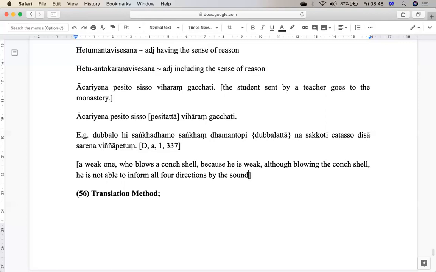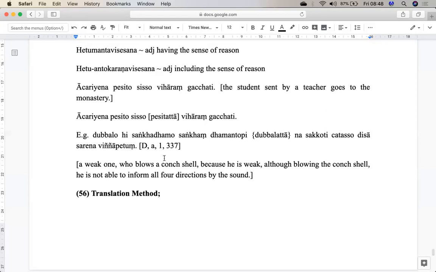So that means maybe they use the sound of the conch to inform something, for example for a meeting or for a warning or something. Although he blows, but he is weak, that is right. So he cannot inform all directions to hear by the sound.